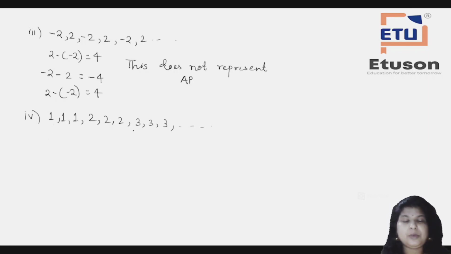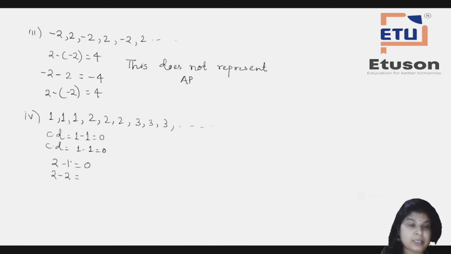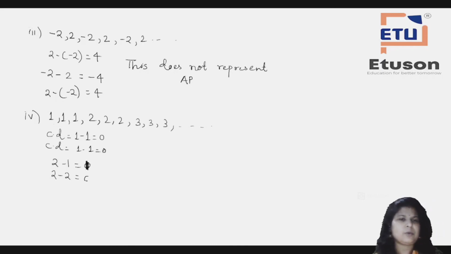But if you compare the common difference in the series, first it is 1 minus 1, 0. Second also it is 1 minus 1 equal to 0. Then again 2 minus 1, which is 1. Then 2 minus 2 equal to 0.